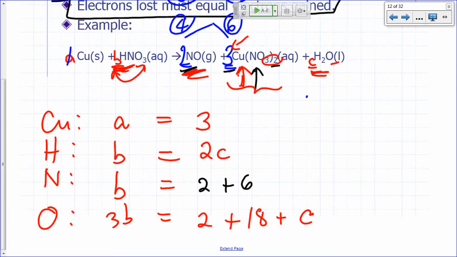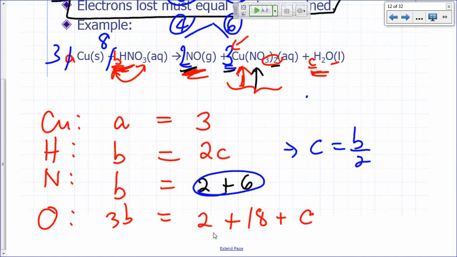A is 3. What else do I know? Do I know what B is? It's 8. Do I know what C is? I know what B is, so C is B over 2, right? So what's B over 2? 4. Correct?